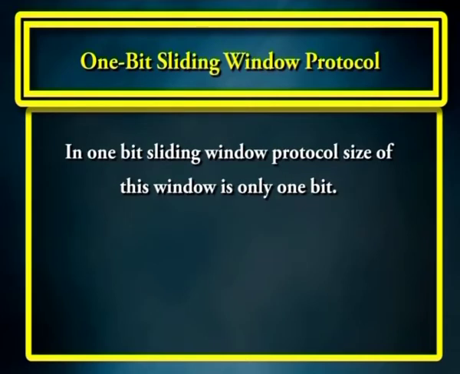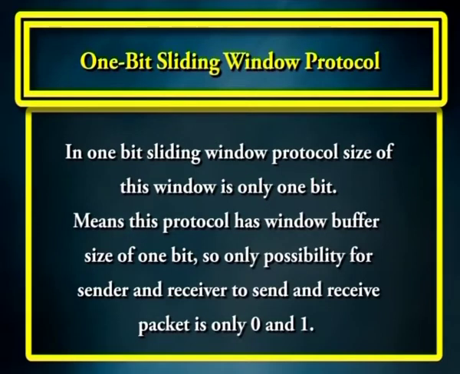In 1-bit sliding window protocol, the size of the window is only 1 bit, so the only possibilities for the sender and receiver to send and receive a packet are 0 and 1.